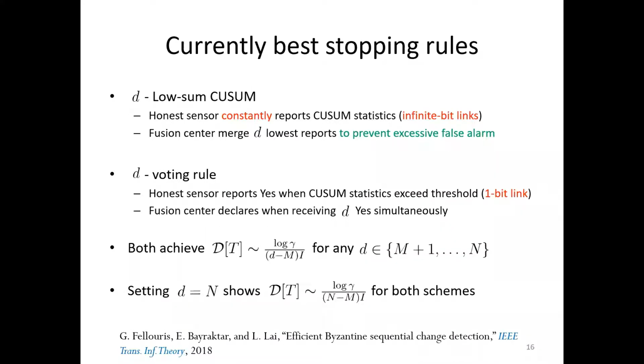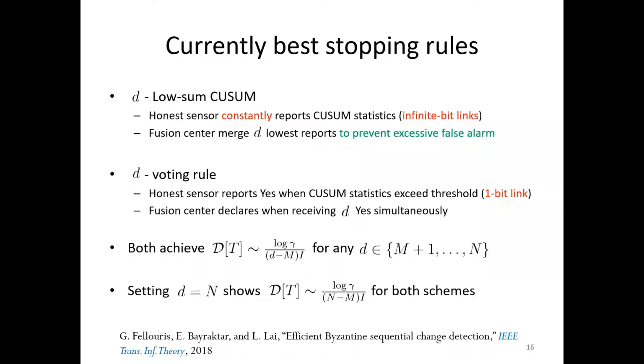And yeah, so in 2018, there's a paper here. They have provided some starting rules, and that they achieve this scaling. Okay, so the first rule is called the D lowest sum CUSUM. In this rule, the honest sensors constantly report the CUSUM statistics.